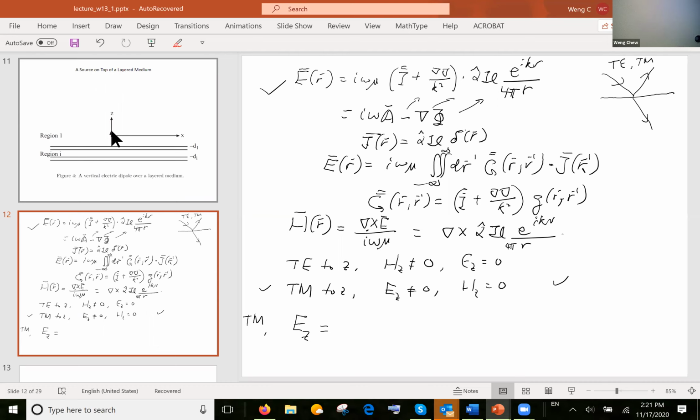I'm doing the particular case where alpha is equal to z hat.